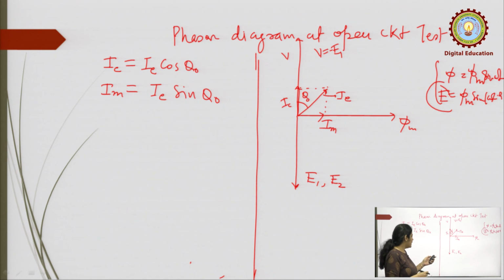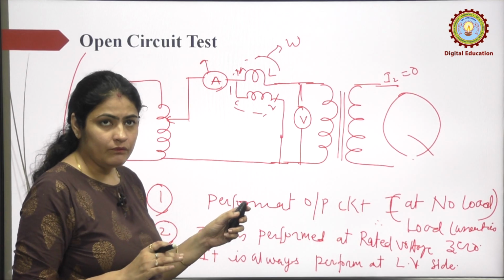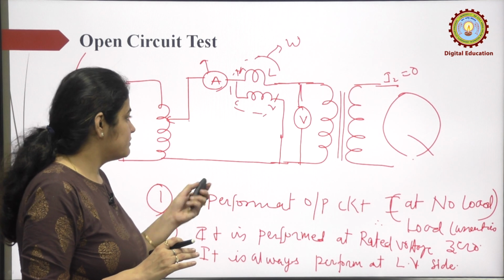Now, if we go to the previous slide, this is the open circuit test connection. As we see, this is performed at the rated voltage. When you set up this open circuit test, you will find three readings: the ammeter reading, the wattmeter reading and the voltmeter reading. Using these readings, how will we find the parameters of the equivalent circuit of the transformer?